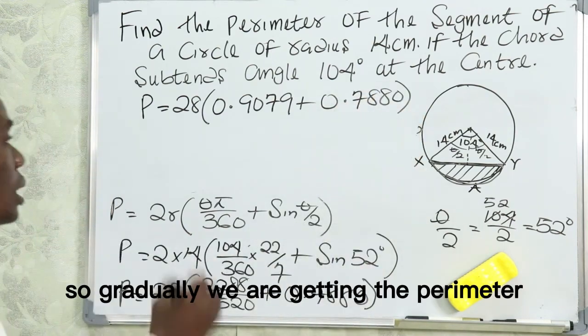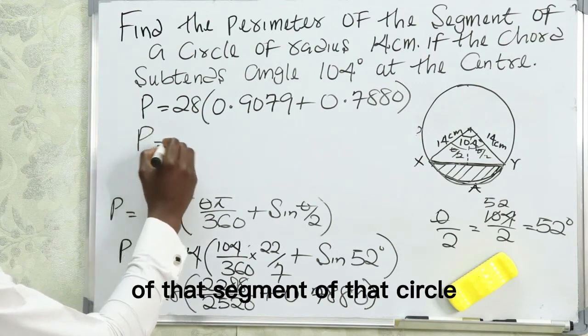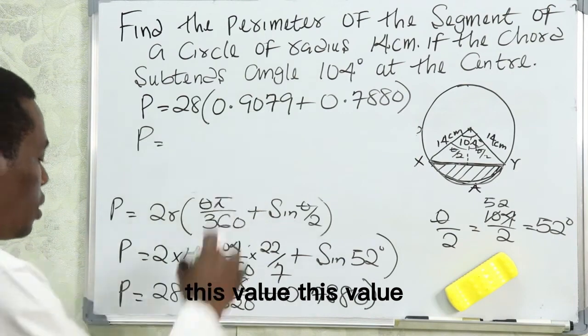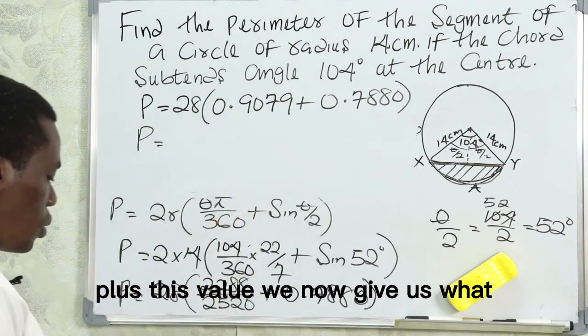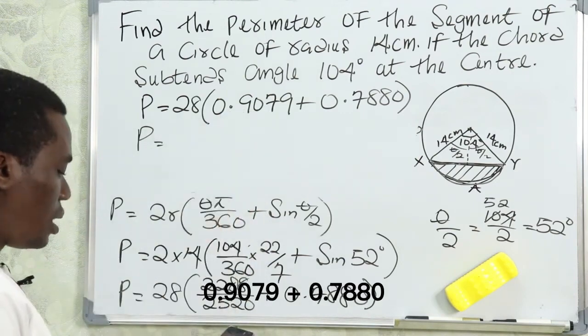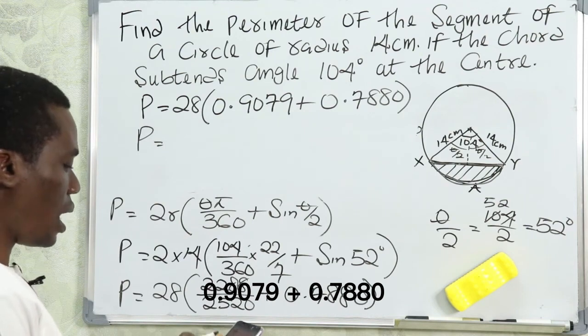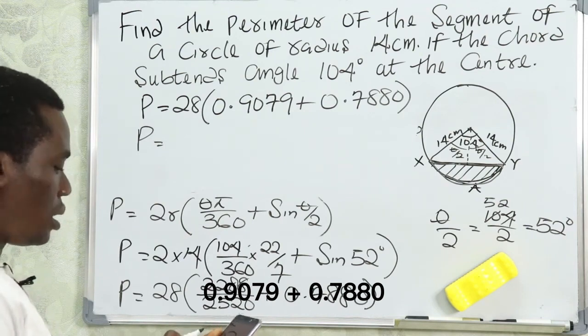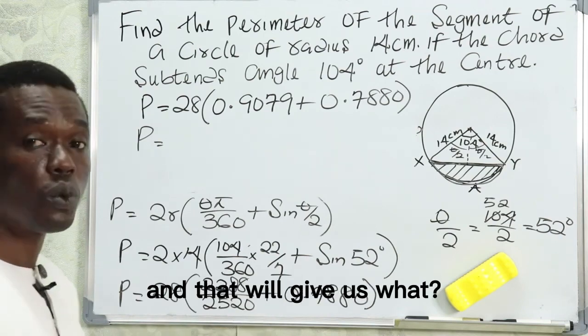Good. So gradually we are getting the perimeter of that segment of that circle. This value plus this value will now give us 0.9079 plus 0.7880.